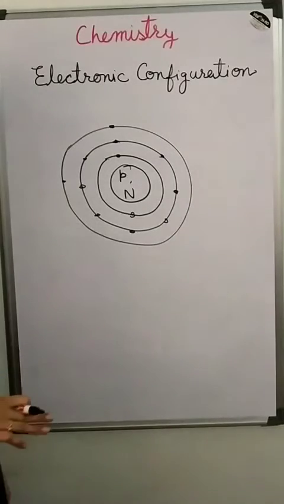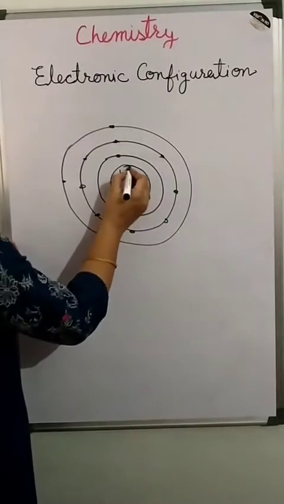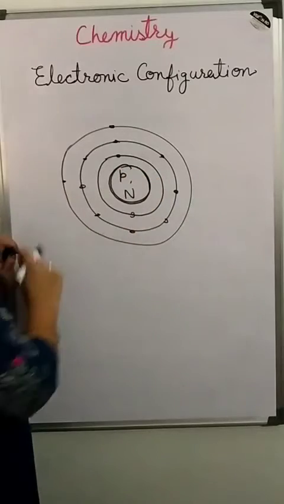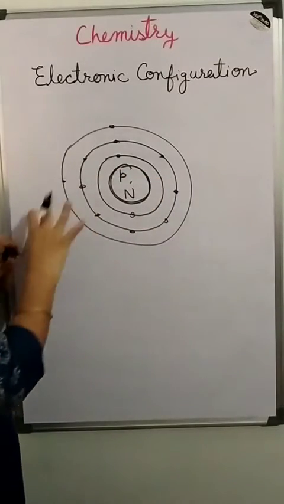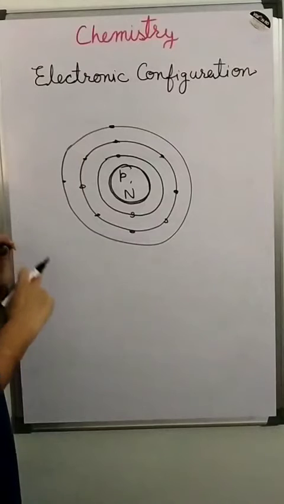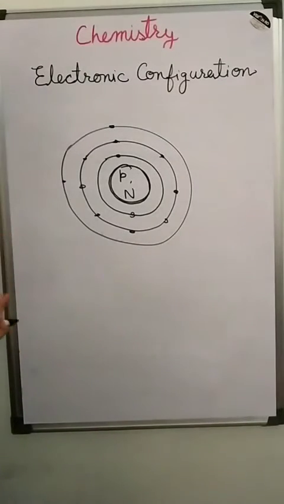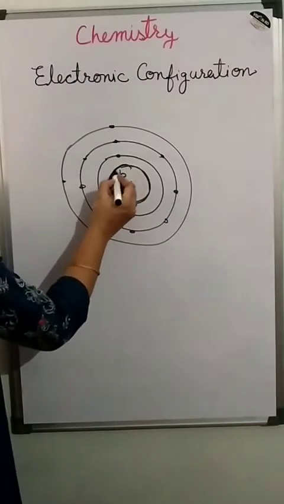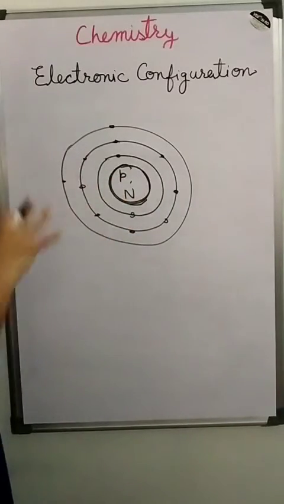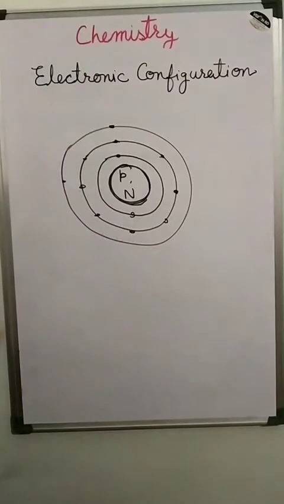But the question arises in my mind: what is the reason that they are not falling on the nucleus? Anyone can guess? Yes, because the centrifugal force prevents them from falling into the nucleus.